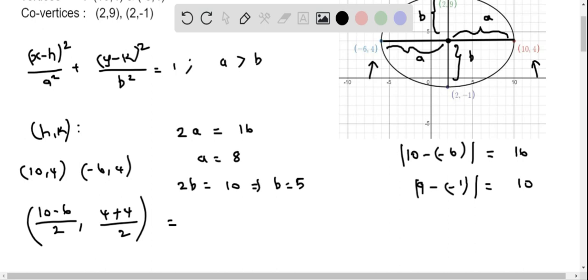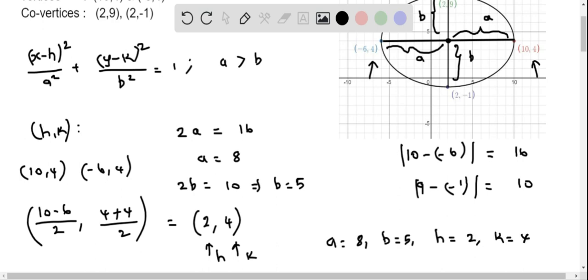So this gives 10 minus 6 is 4. 4 divided by 2 is 2. And 4 plus 4 is 8. 8 divided by 2 is 4. So basically this is h comma k, which is nothing but the center. Now we substitute a equals 8, b equals 5, and h equals 2, k equals 4 into the standard equation of the ellipse.